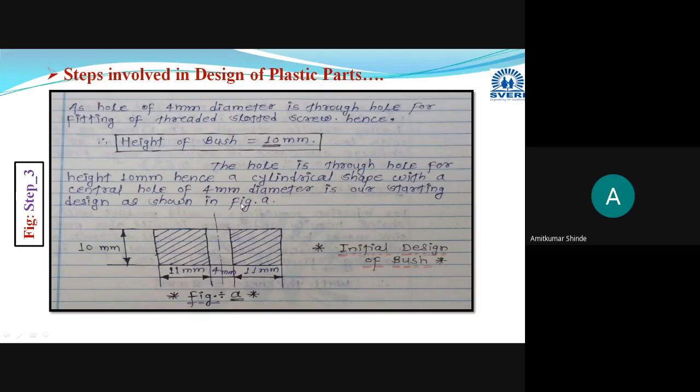The area of the bush will be pi by 4 times, in brackets, the outside diameter 26 squared minus the inside diameter 4 squared. The load acting on each bush is 20 kg, so it will be 20 divided by that area of the bush, and you will end up with the stress.